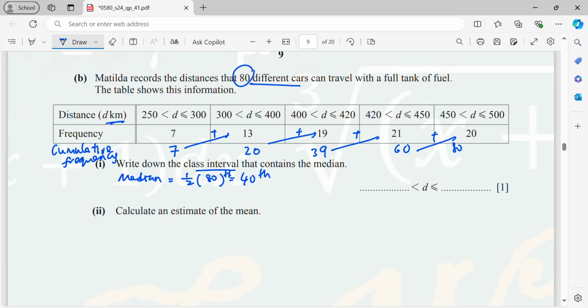This is the position. So the number 40, after you have arranged, will be the median, which means it will be in this group, because the previous class is up to 39 only. Therefore, it will be between 420 and 450 kilometers.